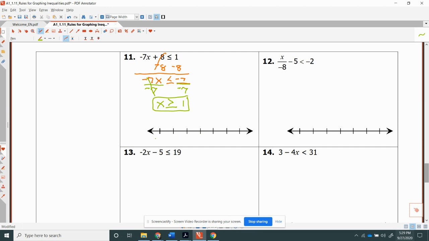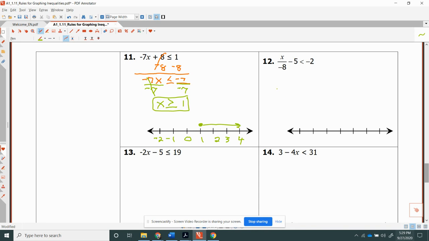So let's start with negative 2, negative 1, 0, 1, 2, 3, 4. Because it's greater than or equal to, we'll have a solid dot, and we will graph to the right.